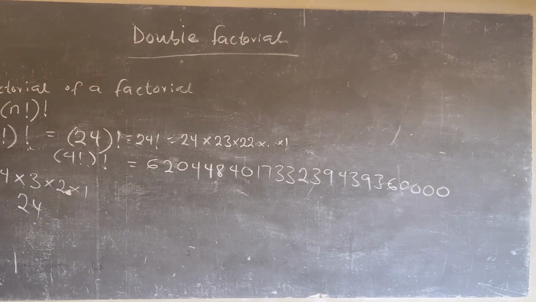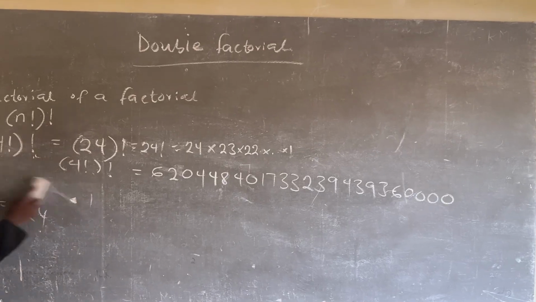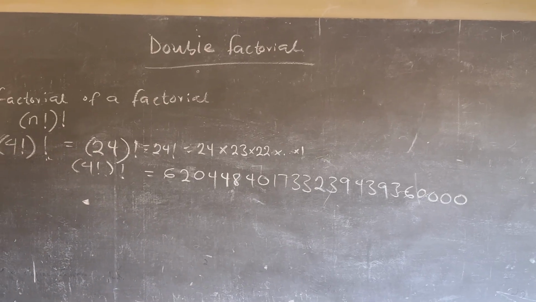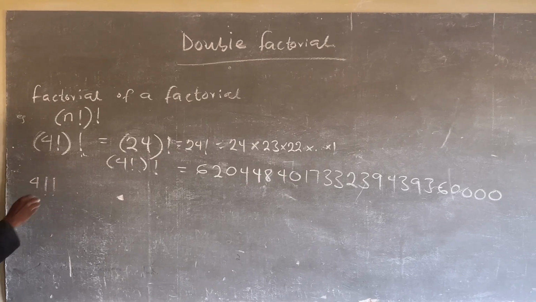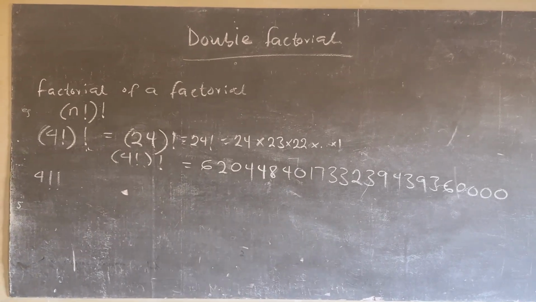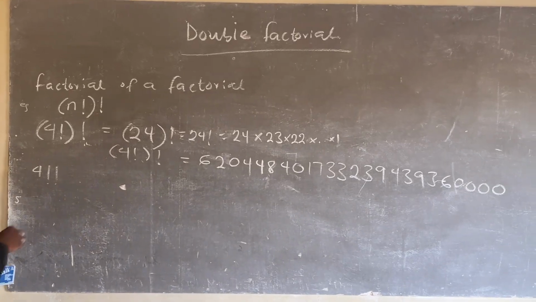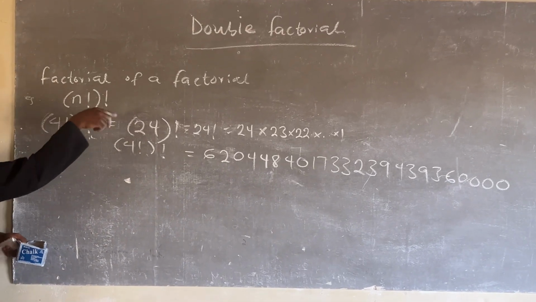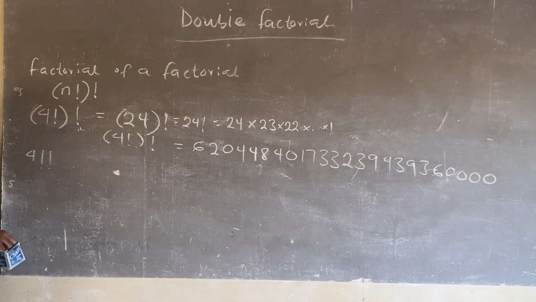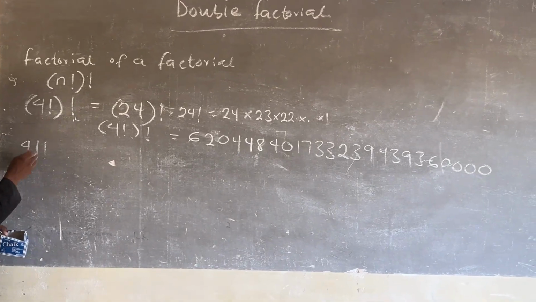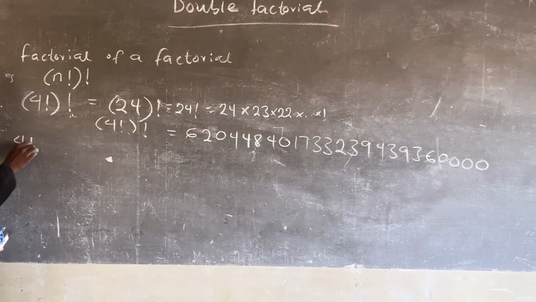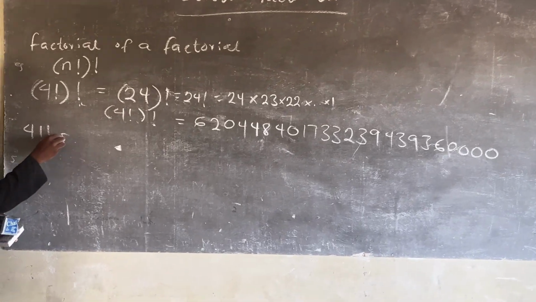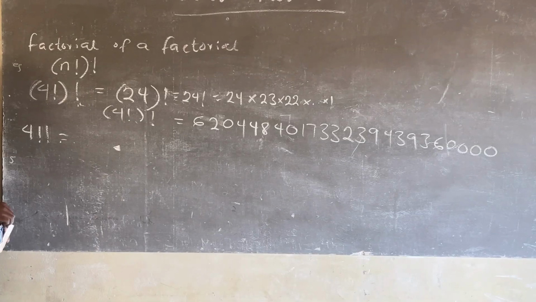Now, what about this? Let's say we have 4, then double factorial. Viewers, I want you to know that factorial of a factorial is different from double factorial. So if I have 4 double factorial, remember, parity of n.